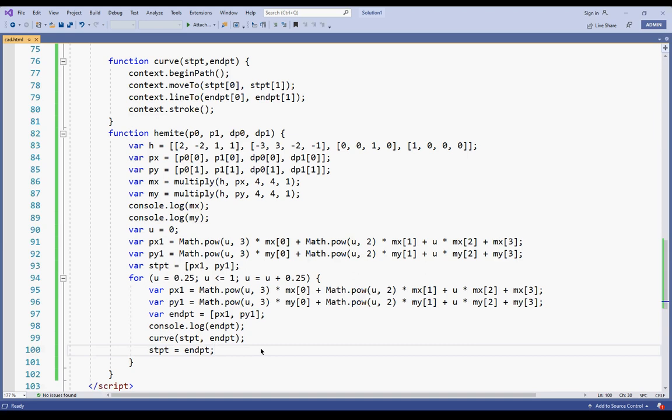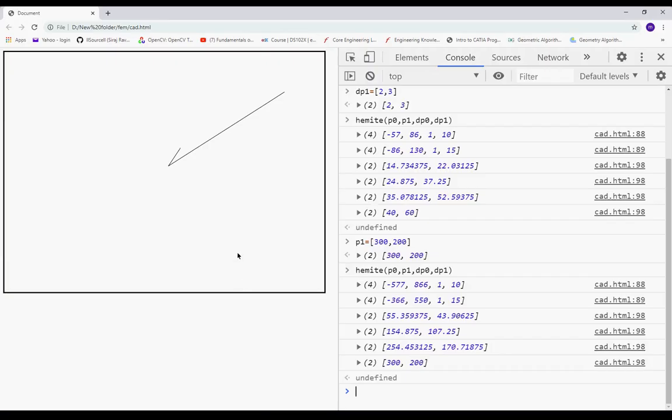Oh, that is the problem. It is an array, so I cannot assign in this way. So start point 0, comma end point 1. Save it.